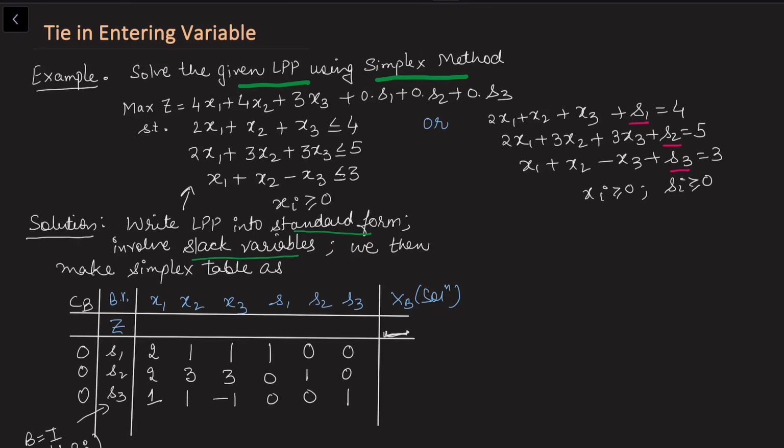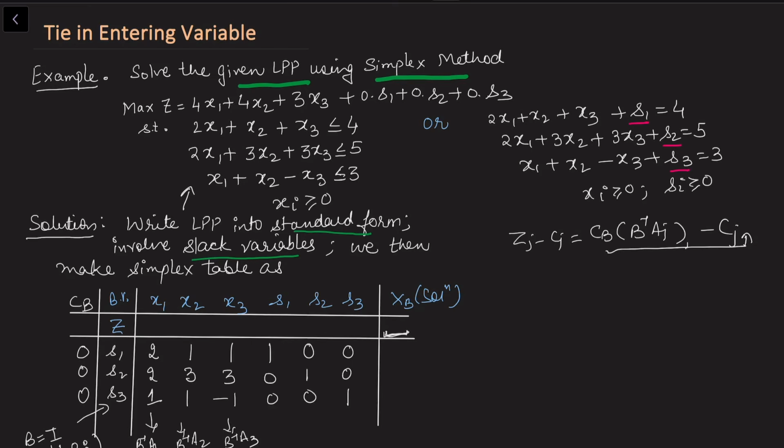So now to calculate zj minus cj, what we do is we multiply CB into these B inverse Aj. So this is the B inverse A1 column, which is the scalars, and this notation I have also used in my earlier videos. So for a detailed understanding of this zj minus cj column, please watch the earlier videos first.